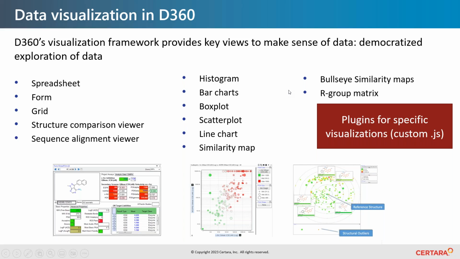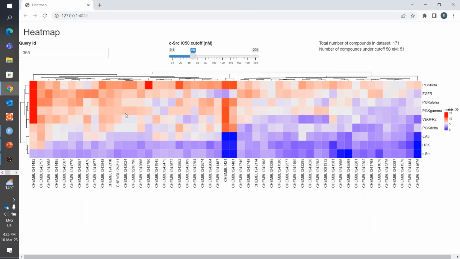So even with all these visualization options and perhaps custom plugins that you might be interested in developing, you can actually use the REST API also to build visualizations on top of datasets and queries. So here I also have an example of heat maps. Heat maps are not available in D360 yet, but they also provide quite a nice overview of the activities or whatever you display.